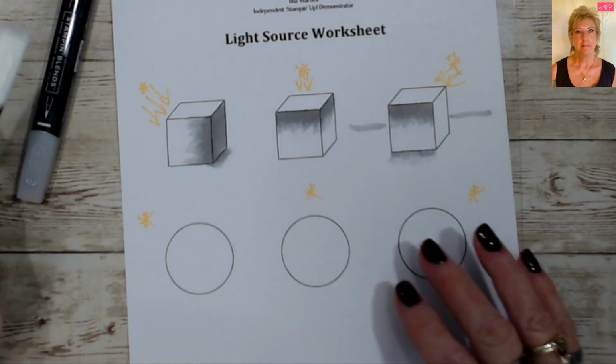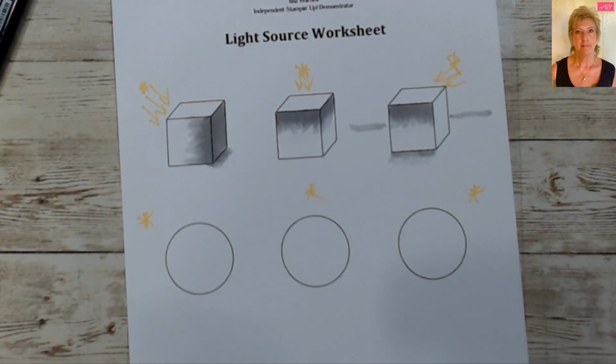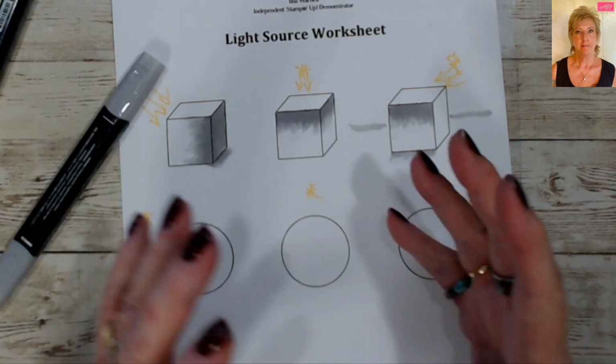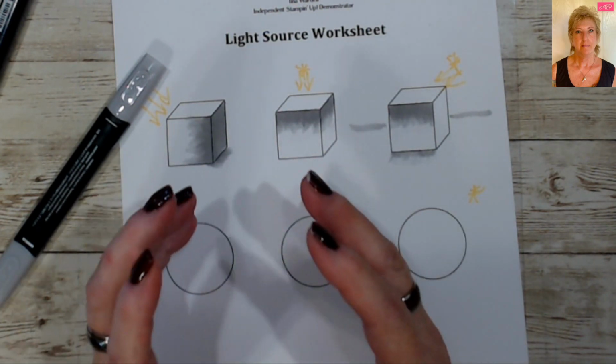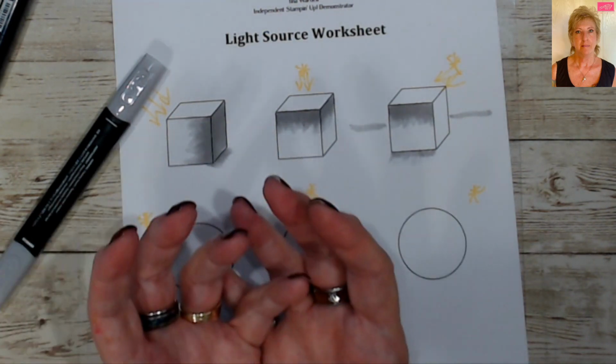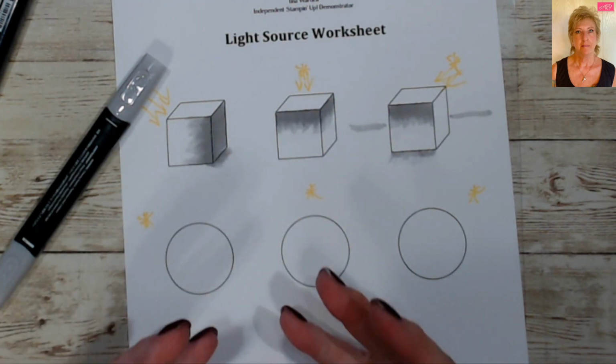There you go. And when you're doing circles, I myself even have trouble with circles because you're trying to create your image that you're coloring to be kind of spheric. You want it to look round.